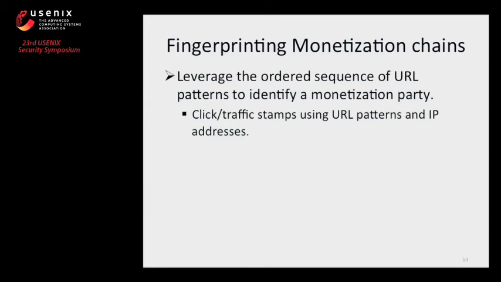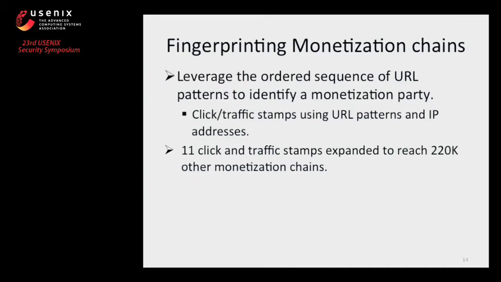Using these stamps, we generated 11 click and traffic spam stamps for these networks, and we were able to reach over 200,000 monetization chains. We validated this process through a twofold cross-validation, where we split the data set into half, generated stamps from one half, and applied them to the other. This was quite successful. Now, we tried to quantify the fraudulent activities within this expanded set.